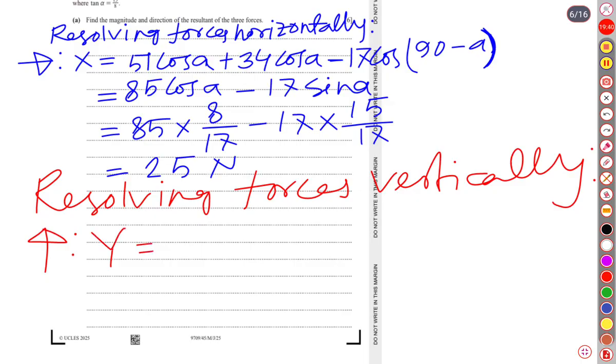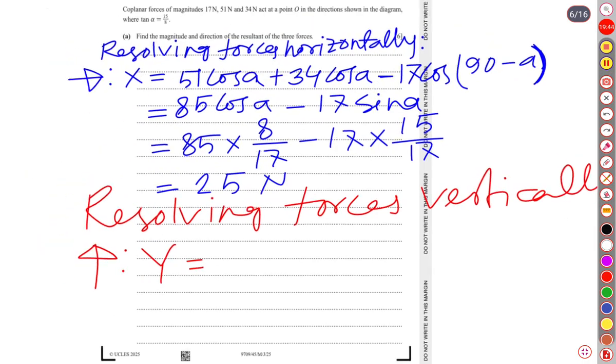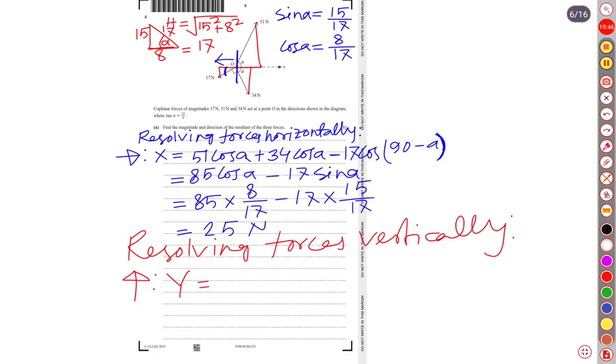So y is equal to, using the same concept we are going to write them. For the first upper triangle, it is 51 sine alpha.